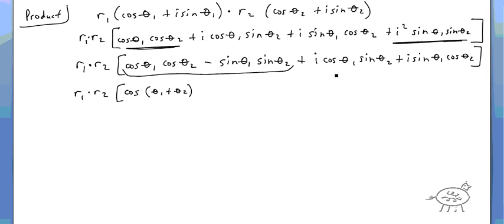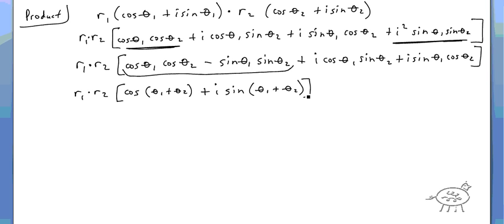And then if you recognize this guy right here, ignoring the I, because I can factor an I out of there, I have cosine theta 1, sine theta 2, and sine theta 1, cosine theta 2. That's actually the sine sum, right? It's plus: cosine A, sine B, plus sine A, cosine B. And so I can rewrite that as plus, and then again I'm going to factor that I out, sine of A plus B, or theta 1 plus theta 2.